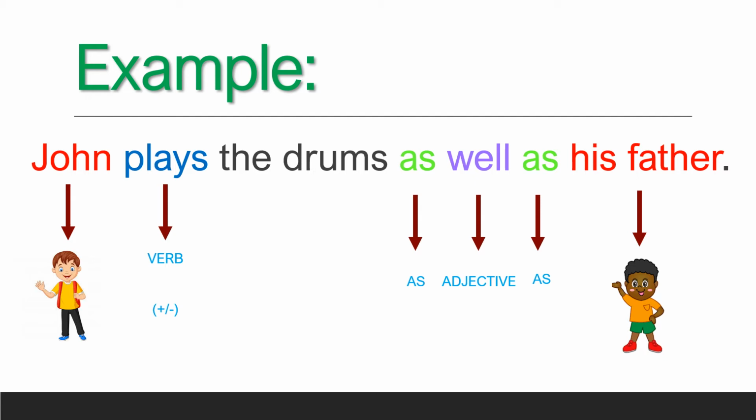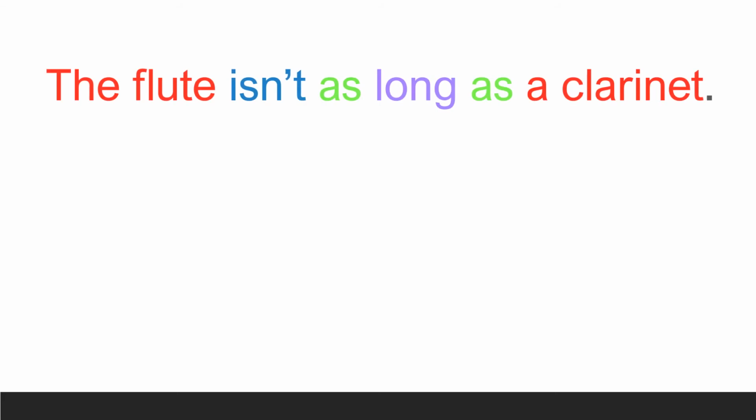Okay? Now we are going to check another one. The flute isn't as long as a clarinet. The flute is our object because it's a thing. Isn't is our verb in negative because we are saying that they are not the same, but there is a similarity.